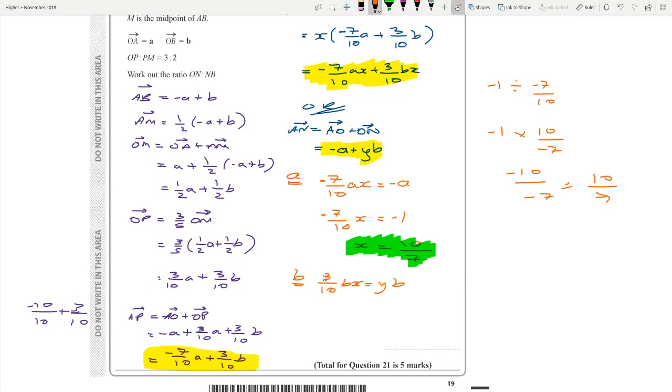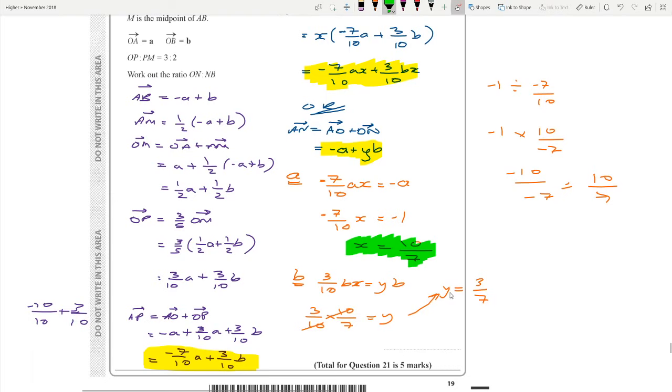We know what x is, don't we? x is 10 over 7. So the b's cancel out and we get 3/10 times x, which is 10 over 7. The b's no longer exist. This will give us our y value. The 10 and the 10 cancel out, so therefore y equals 3 over 7.